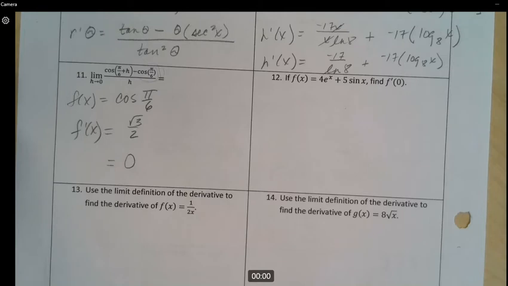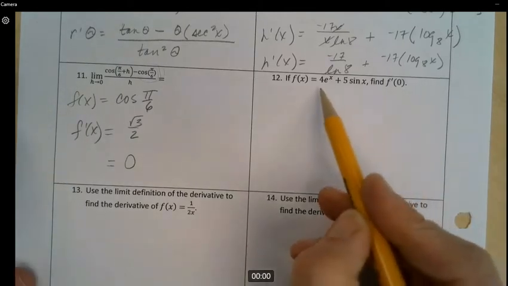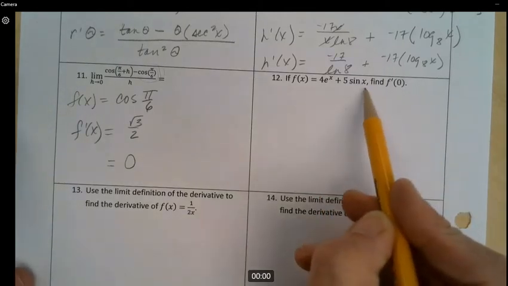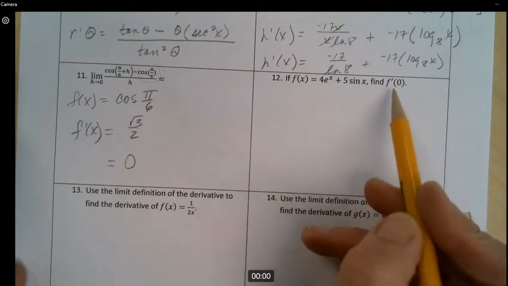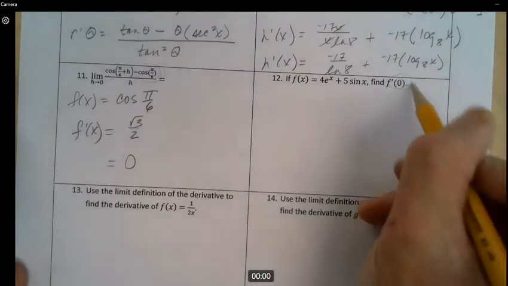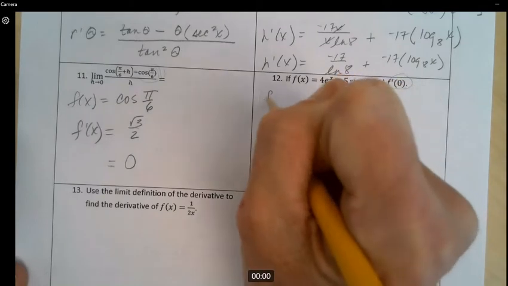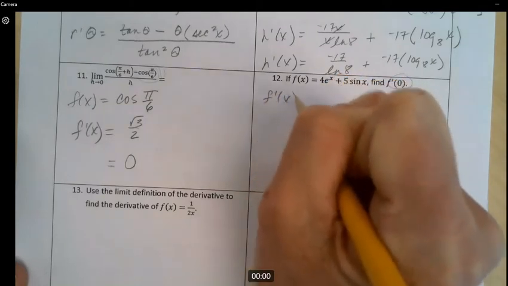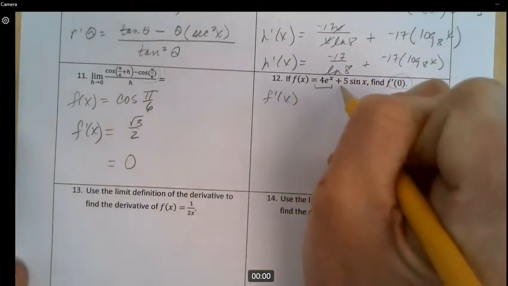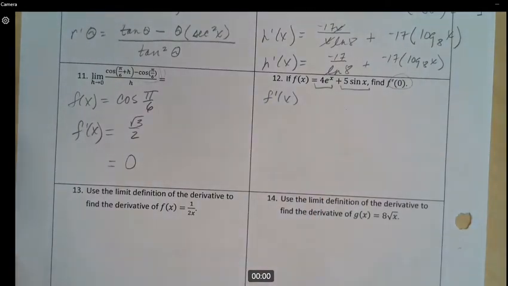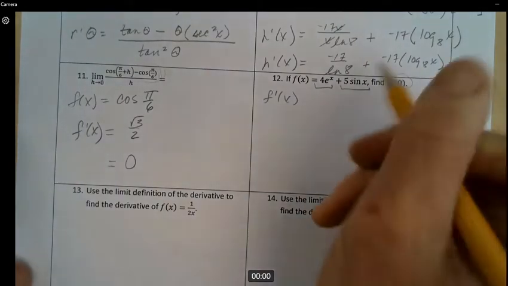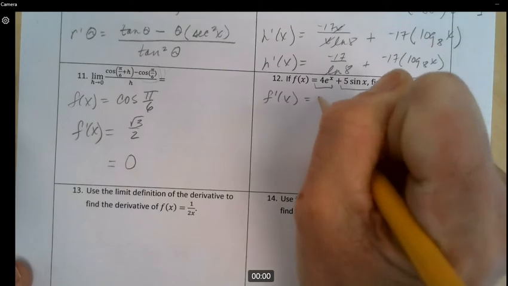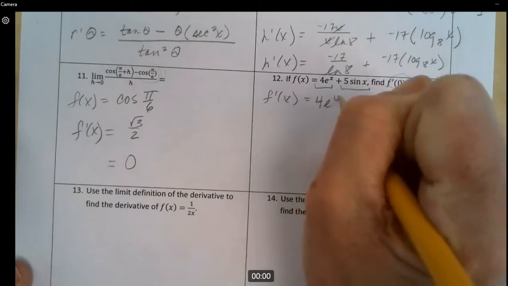So, all right. If f of x is equal to this, find the derivative at 0. So first of all, let's find the derivative. F prime of x. Here I have one value. Here I have another value. So I could just use my power rule. The derivative of e to the x is just e to the x.